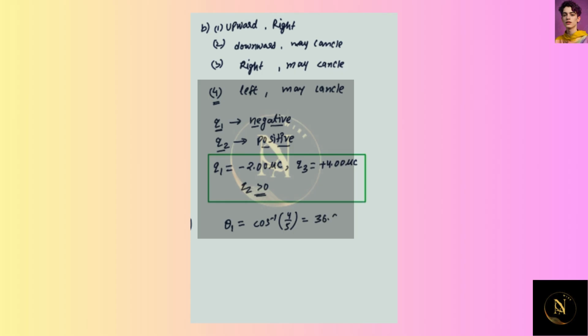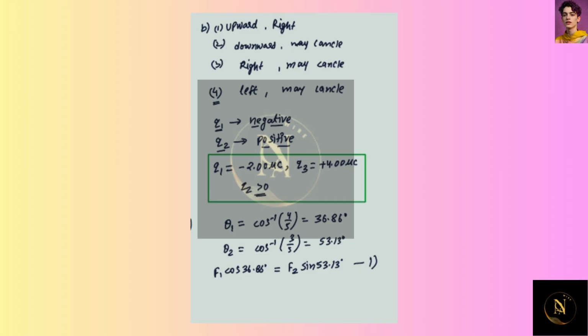The angle theta 1 of force F1 with the horizontal is cos inverse of 4 by 5 from the geometry, which equals 36.86 degrees. The angle theta 2 between F2 and the horizontal is cos inverse of 3 by 5, which equals 53.13 degrees. The vertical forces must be equal, so F1 cos 36.86 degrees equals F2 sin 53.13 degrees. Say this is our equation number 1.